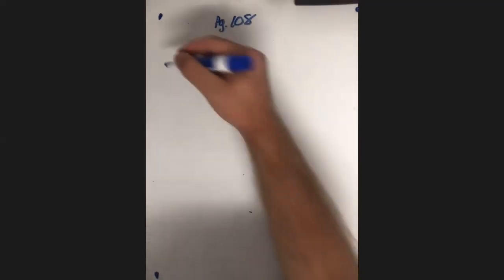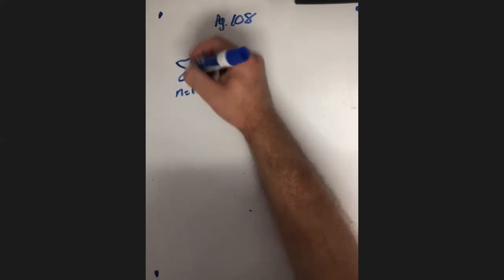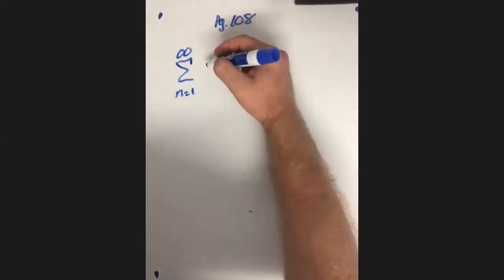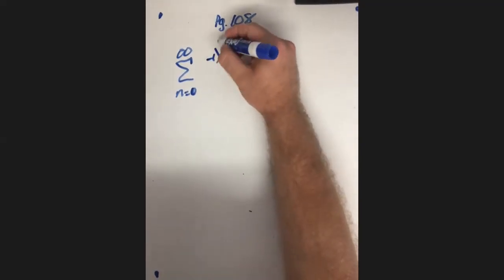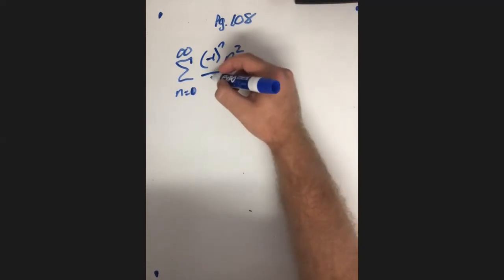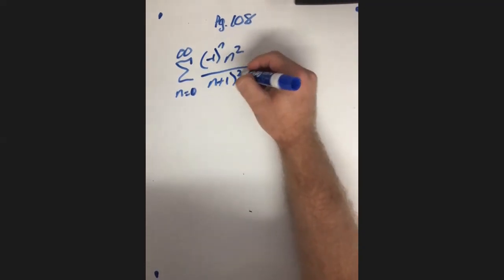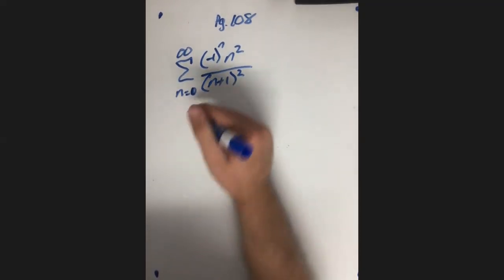All right, so the first problem they give me, pretty simple. I have the series from n is equal to 1 to infinity. Oh, sorry, 0 to infinity, it looks like. -1 to the power of n, n squared over n plus 1 squared. So the first thing I'm going to do is test this alternating series for convergence.